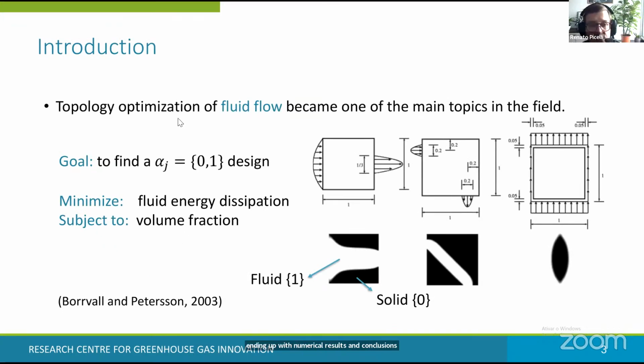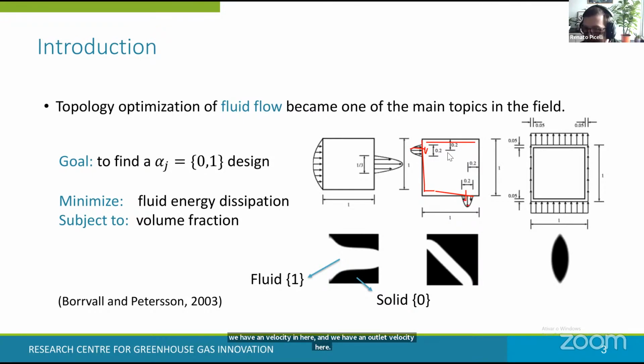Most of you might know that topology optimization of fluid flow became one of the main topics in the field. It's a trending topic. Let's say we have a square domain. We want to design a fluid flow path in it. We have an inlet velocity here, and an outlet velocity here. This is a pipe bend example.